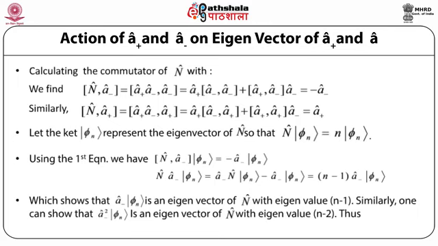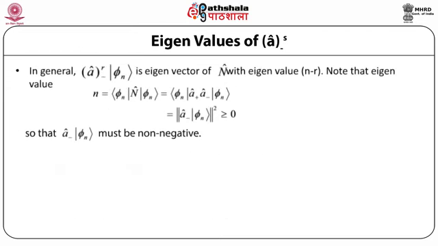Similarly, one can show that if the lowering operator acts twice on the eigenvector phi n, then the corresponding eigenvalue turns out to be n minus 2. Eigenvalues of the lowering operator to the power s, that is, if the lowering operator acts on an eigenvector s times.